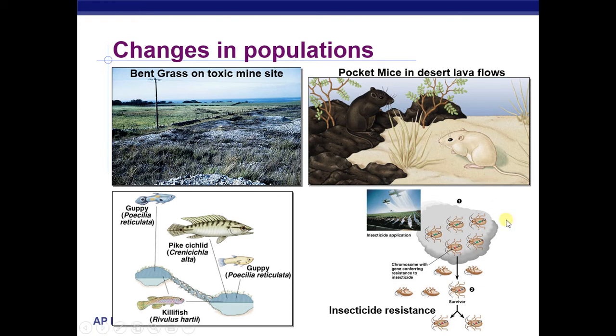Insecticide resistance in insects. So we spray crops with insecticides to prevent them from being eaten by pests, and some of those have developed insecticide resistance, which over time is becoming more common because the only insects that are able to survive in those environments would have the trait and would be able to pass it on.